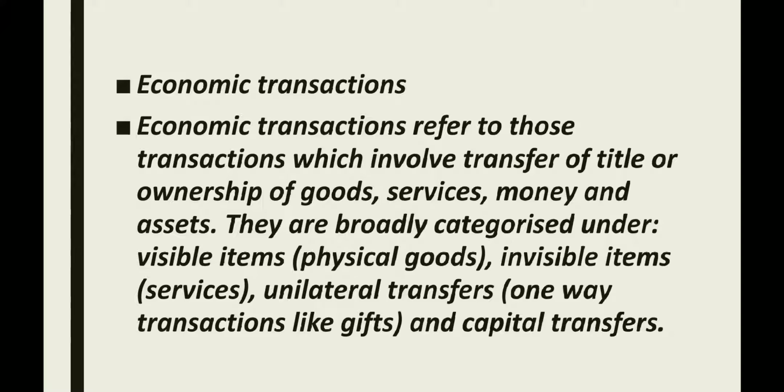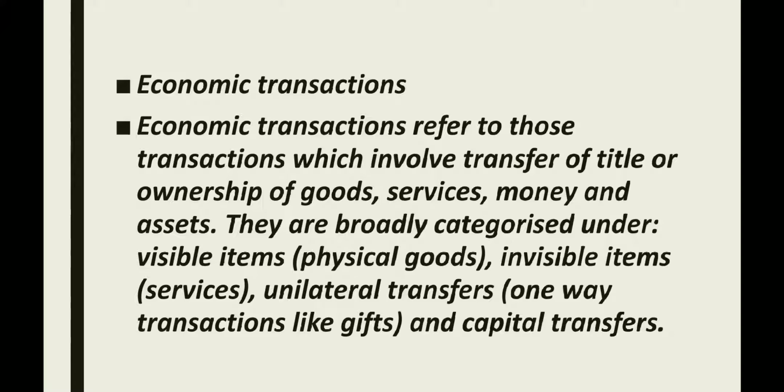Invisible items. Invisible items of trade refer to all types of services like shipping, banking, insurance, etc., which are given and received. These are called invisible items as they cannot be seen, felt, touched, or measured. Unilateral transfers.